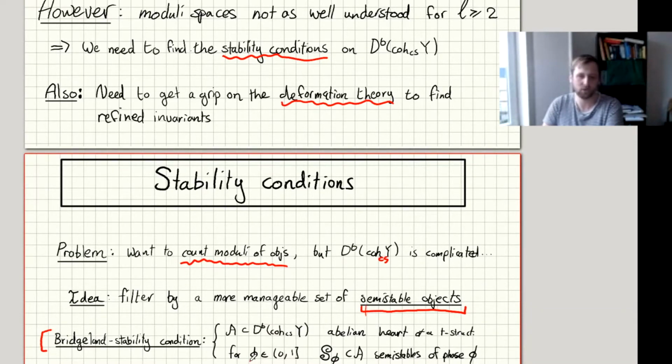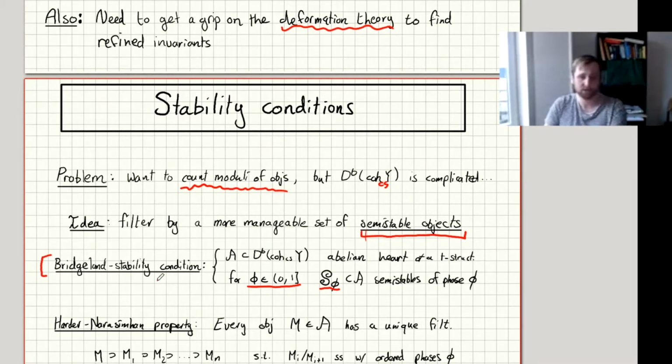So we order them by some phase, some real number. And for every real number, there might be a set of semistable objects with phase phi, which most of the time is empty, but this gives a linear order on these semistable objects.